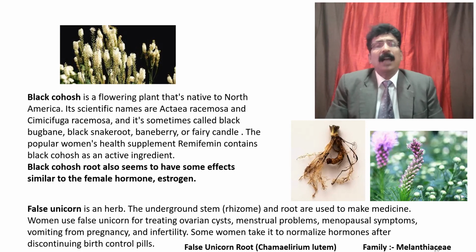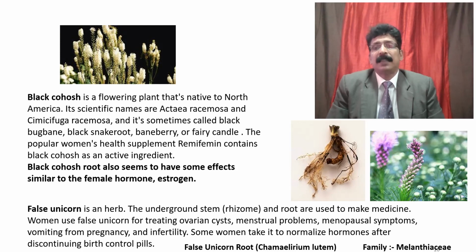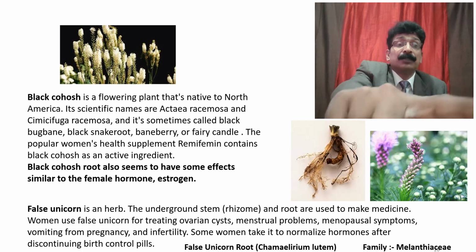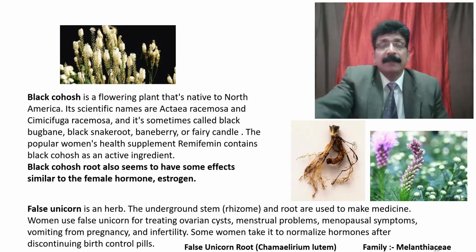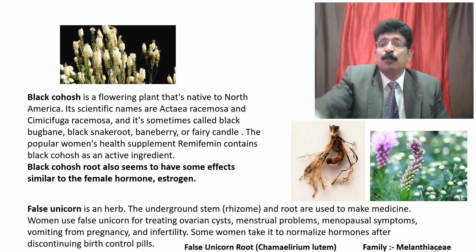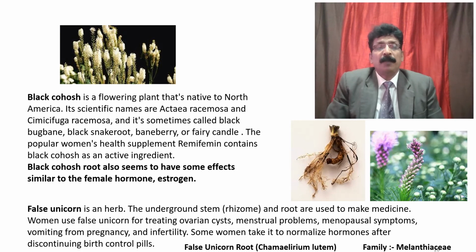And what do you mean by this false unicorn? It is a herb with an understem. Sorry, that is the black Cohosh which I have shown at the top, and this is false unicorn rhizome, the picture below. False unicorn is a herb, and it has an understem rhizome.